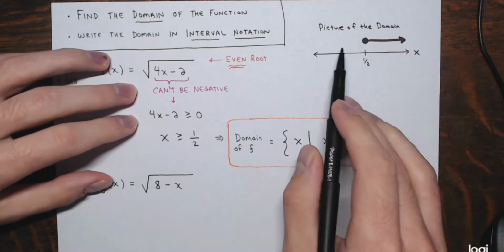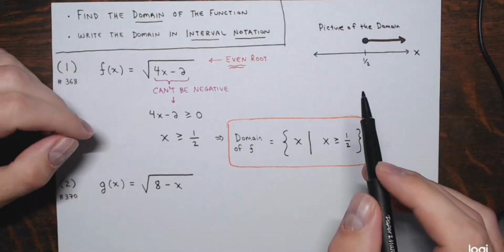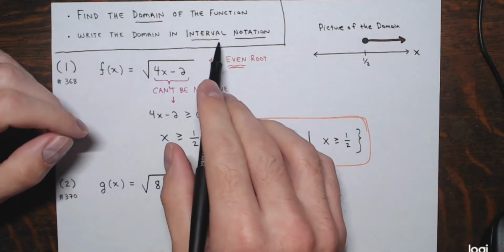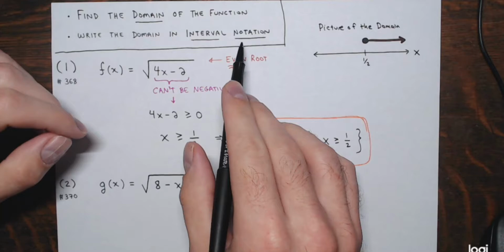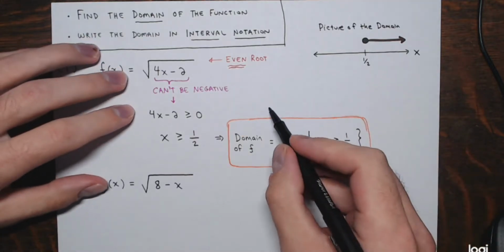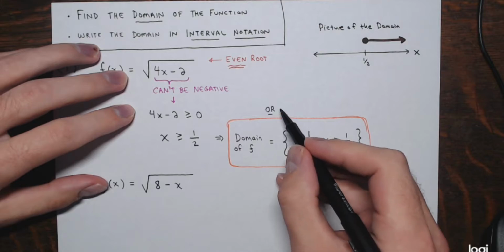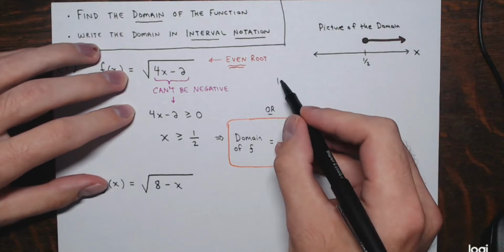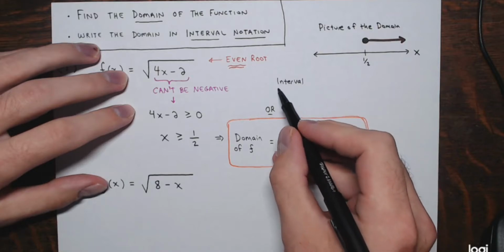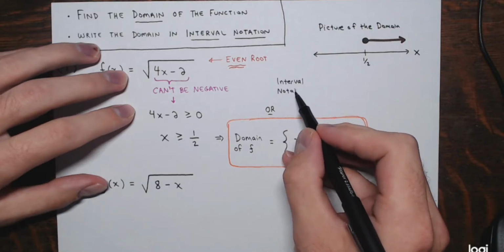And I feel like once you have a picture of a set on the number line, it's easier to write that set in interval notation. Now remember, in interval notation you're always going left to right, low numbers to high numbers.